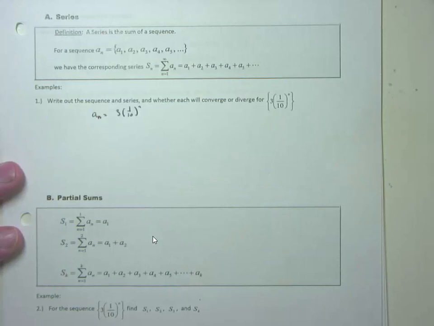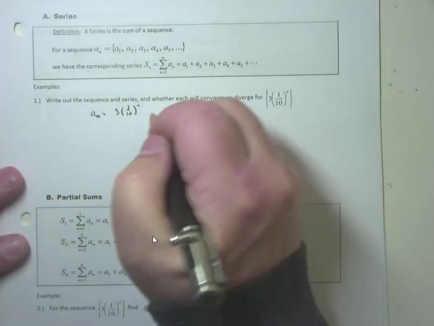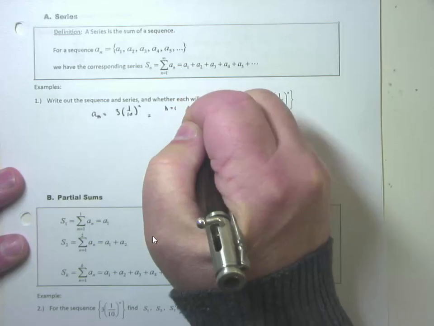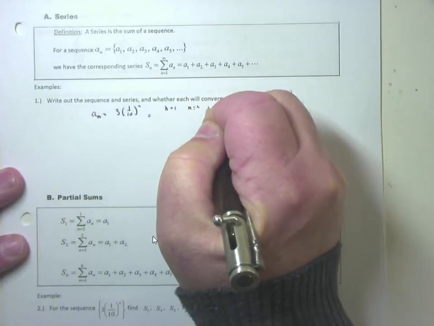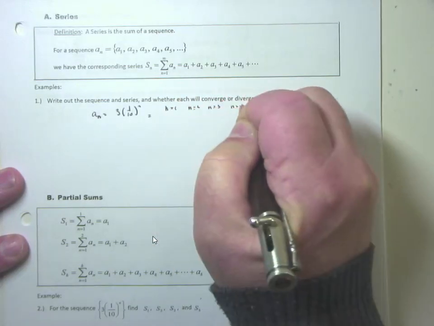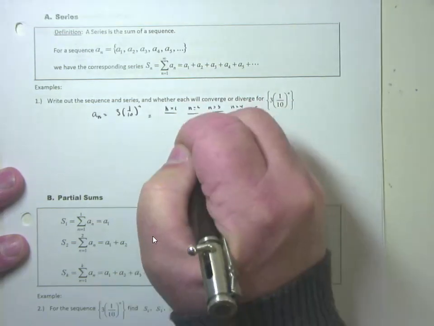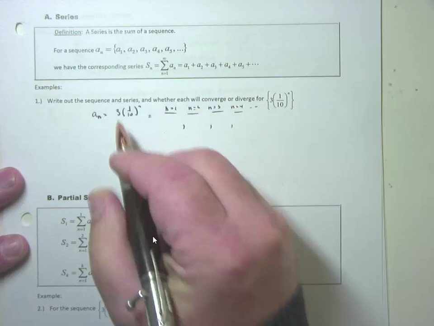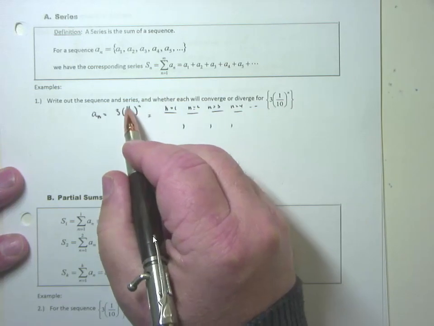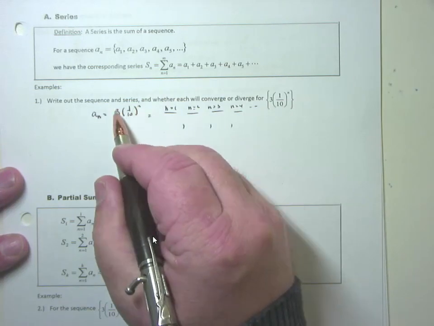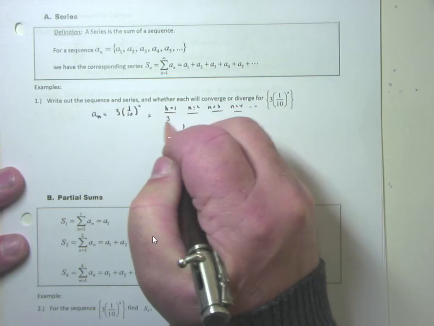To write out a sequence, you always start with n equals 1. So we're going to write this guy out. n equals 1, n equals 2, n equals 3, n equals 4, ... See if we can catch a pattern here. This is a sequence, so they're going to be separated by commas. Plug in n equals 1: 1 divided by 10 to the first is 1/10 times 3 is 3/10.